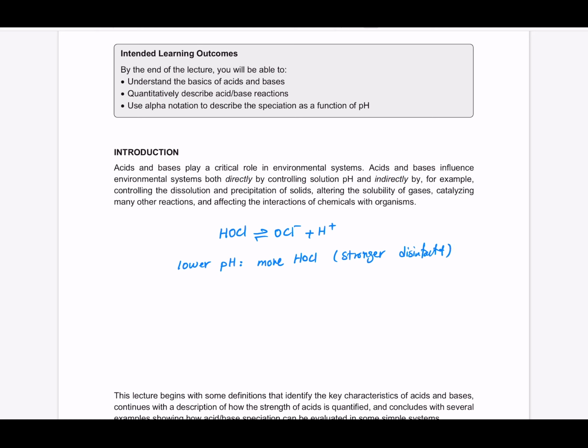So that's one of the examples we had before. So pH is impacting at the end how strong this disinfectant is, considering that we have the same amount of total HOCl, OCl minus that we added initially.